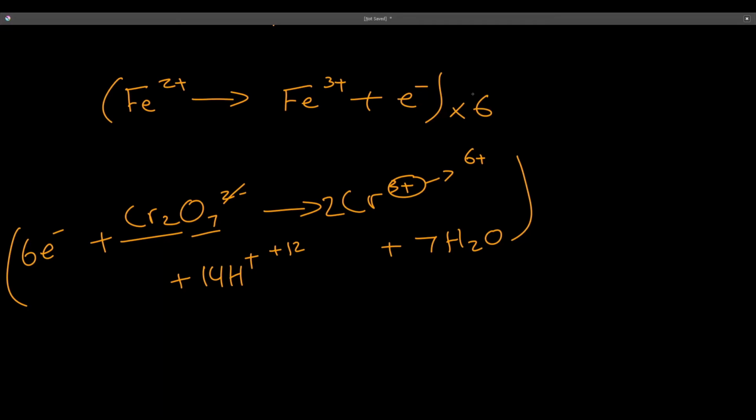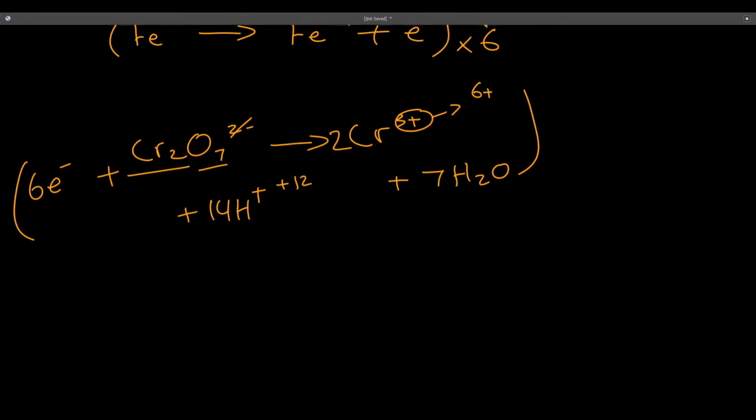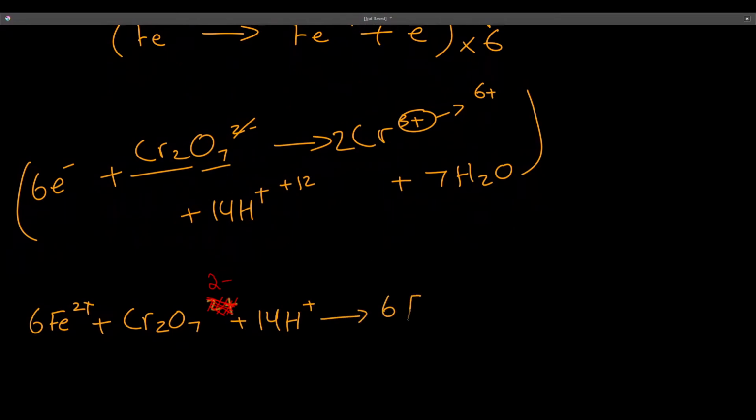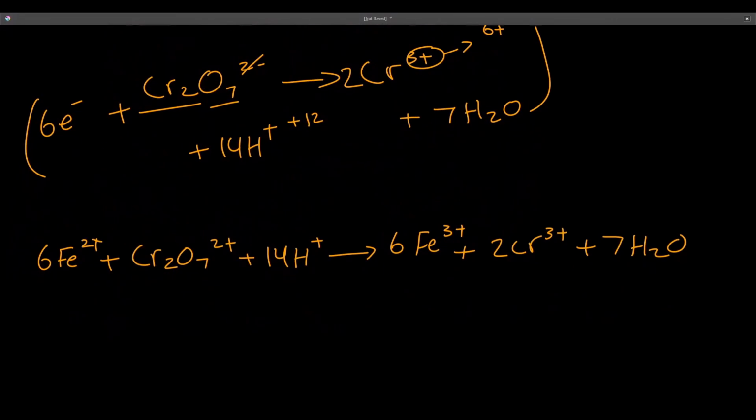So we multiply this whole reaction by 6, meaning that 6 will be distributed to each component, which will give us the final answer of 6Fe2 plus, Cr2O7 2 minus, plus 14H plus gives 6Fe3 plus, 2 Cr3 plus, plus 7H2O. And this will be the final answer.